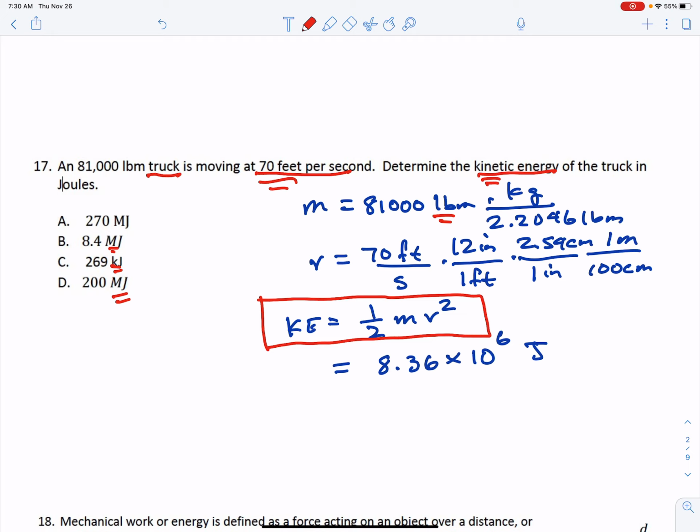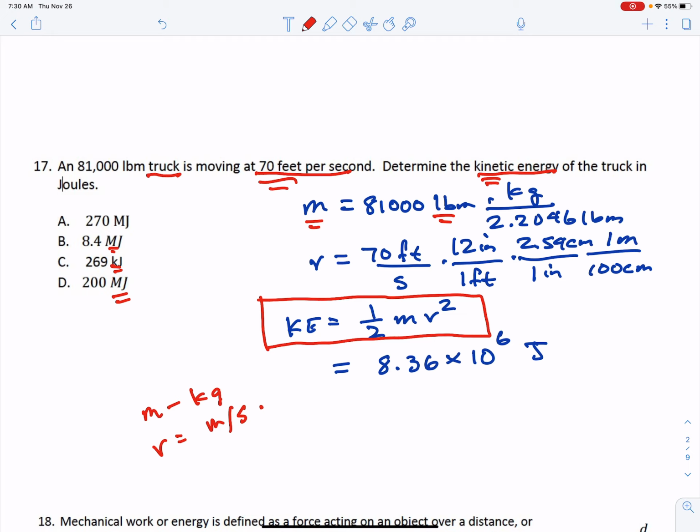I converted pound mass into kilograms, and I just used that table that was included with the exam. Same thing with velocity. I know that if I have an SI unit formula, I need mass to be in kilograms, and I need velocity to be in meters per second. Once I know those standard units, I can plug in here and get the answer.